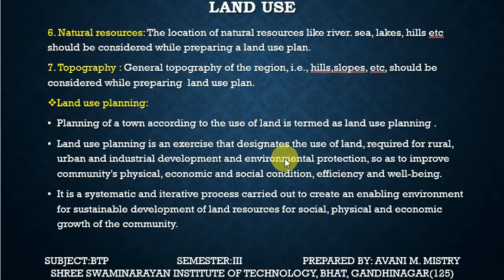Next, land use planning. The planning of a town according to the use of land is termed as land use planning. Land use planning is an exercise that designates the use of land required for rural, urban and industrial development and environmental protection, so as to improve the community's physical, economic and social condition, efficiency and well-being.